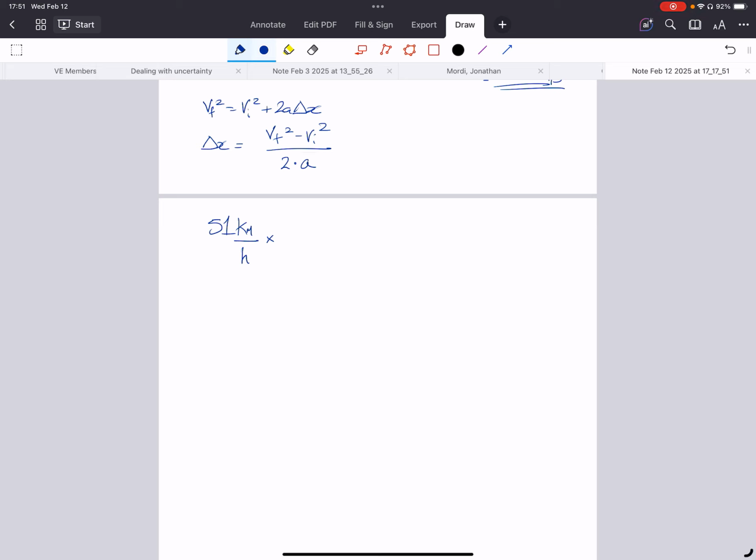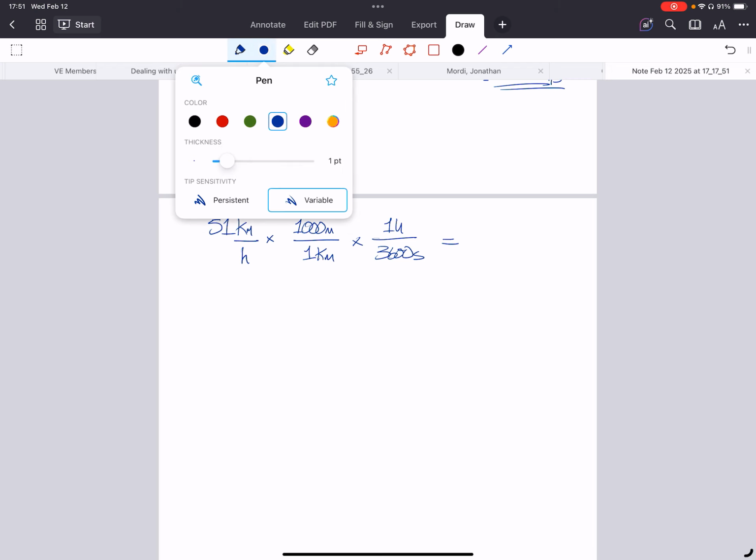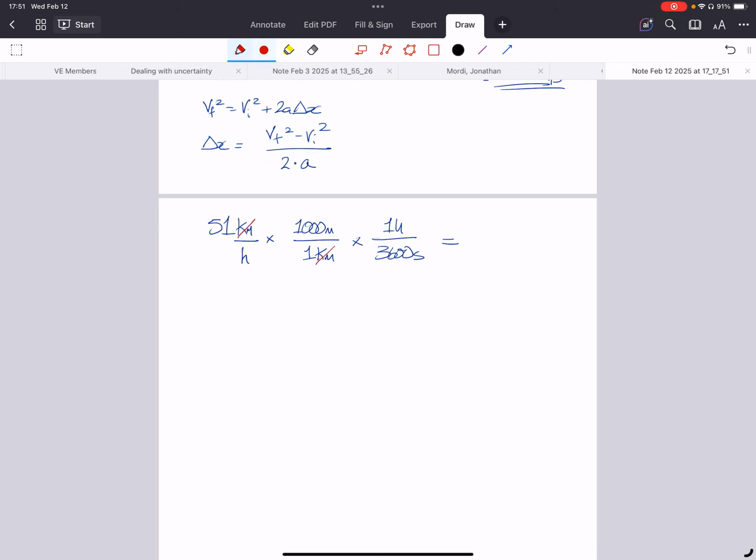I know that 1,000 meters is the same as 1 kilometer. And I know that 1 hour is the same as 3,600 seconds. If I multiply by those ratios, my kilometers will cancel, my hours will cancel, and that will leave me with meters divided by seconds, meters per second.